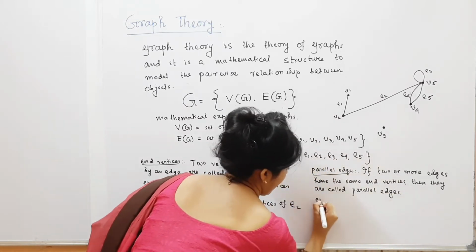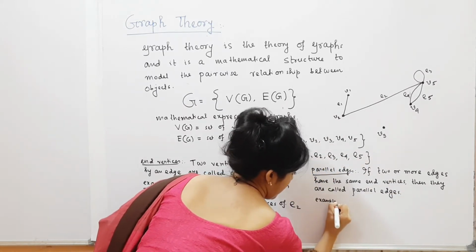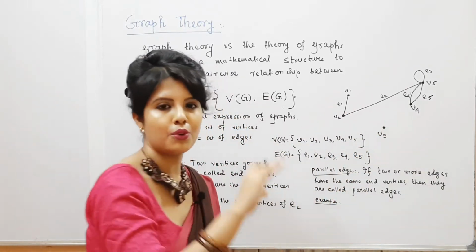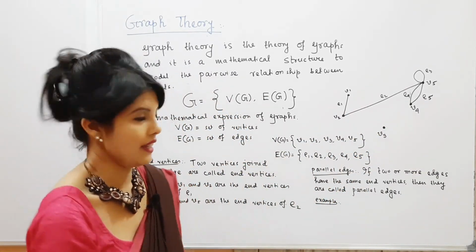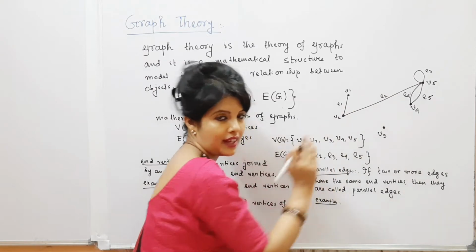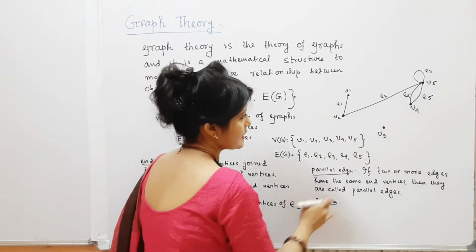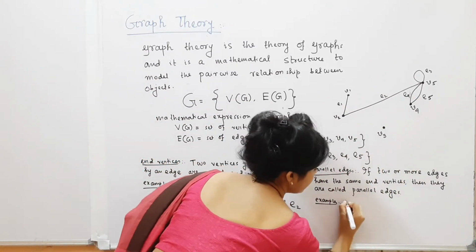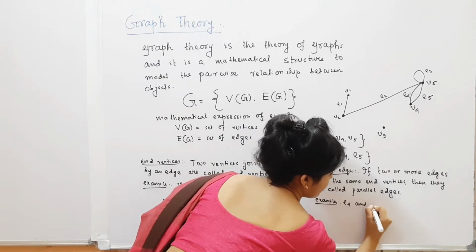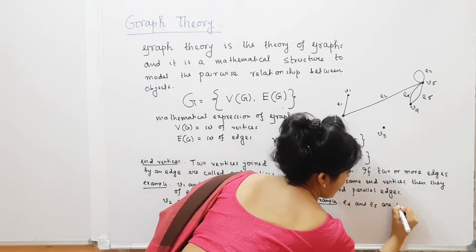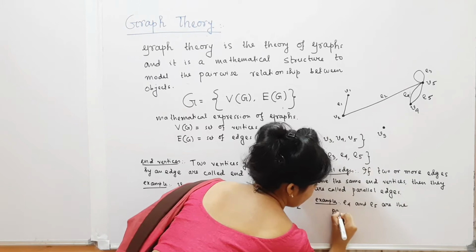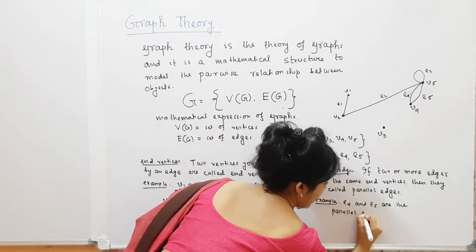What is the example? This graph covers most of the terminology of graph theory, that's why I am drawing this kind of graph. The example is E4 and E5: E4 and E5 are the parallel edges.